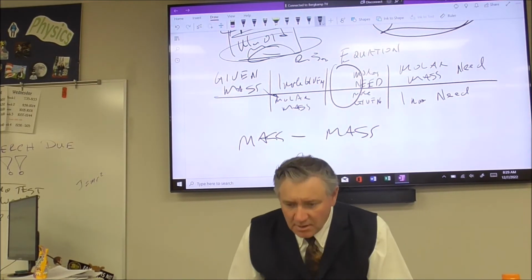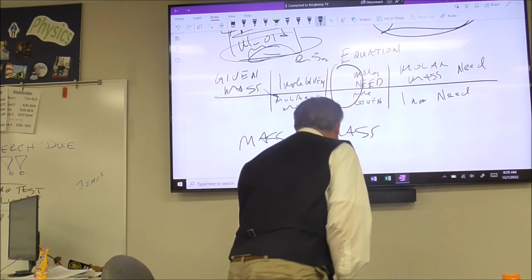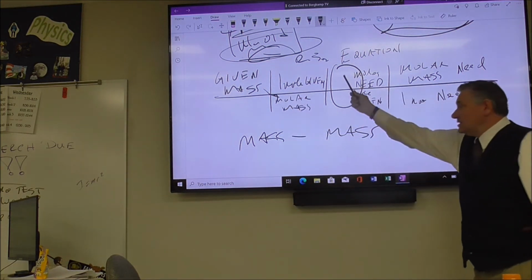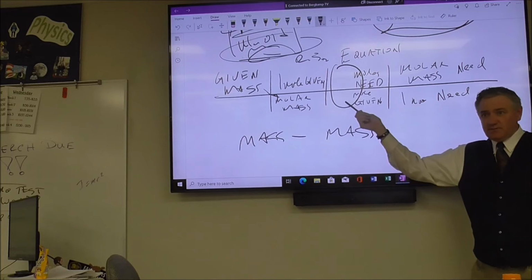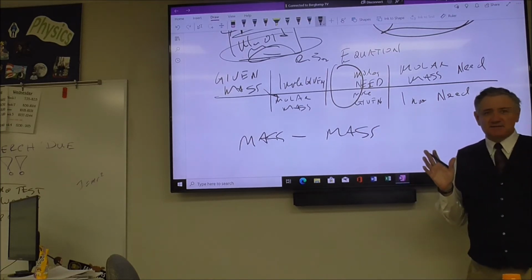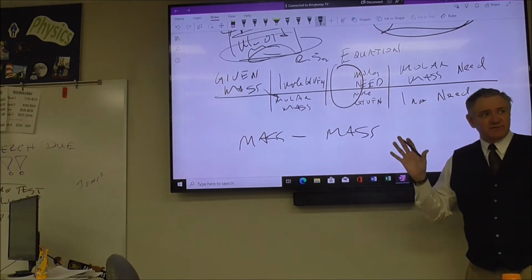The only time in this sequence where you're not going to use 1 mole is this ratio from the equation. So if you like this, here's kind of a standard format.